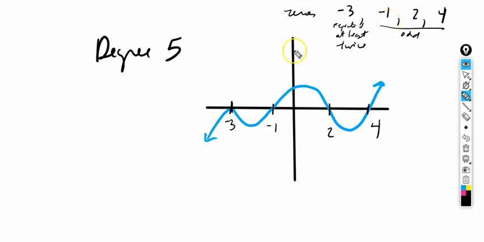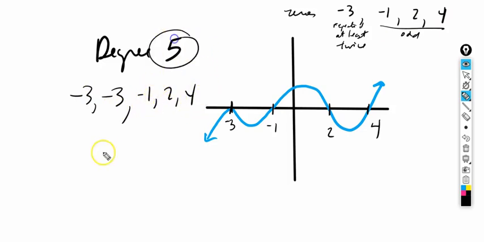And so I think the -3 is repeated twice, and the rest of these only happen once. And now if I count my zeros, I get 1, 2, 3, 4, 5. Okay, and that matches. So that should be enough to give you an idea.